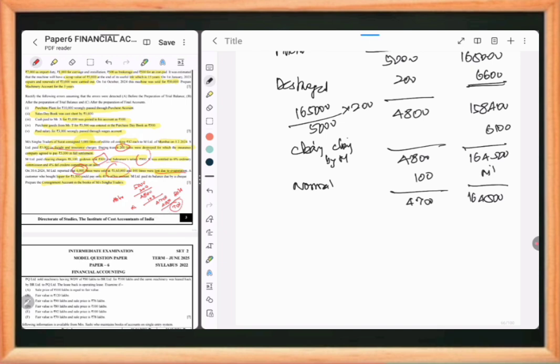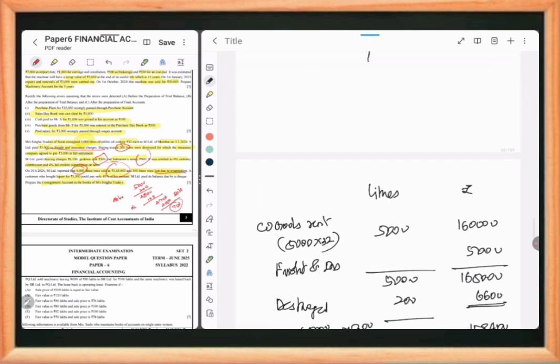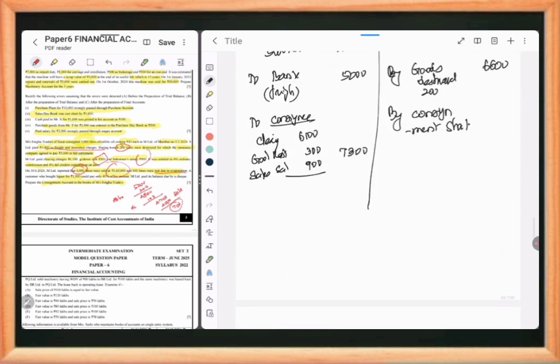We will find out the closing stock value. For 4,700 the cost is 1,64,500, so what is the value of the 700 units of consignment stock? 1,64,500 divided by 4,700 into 700, so the answer will be 24,500. This is the closing stock value, and we will enter 24,500 here.